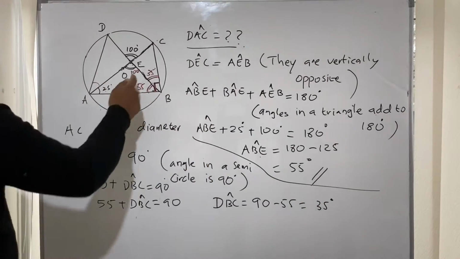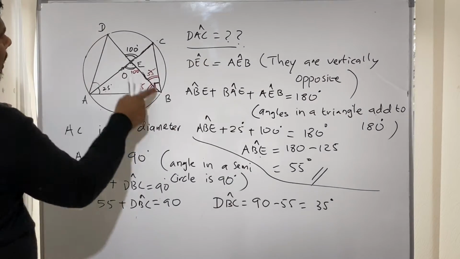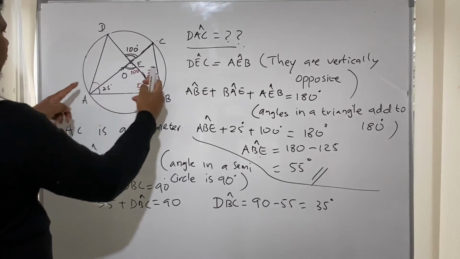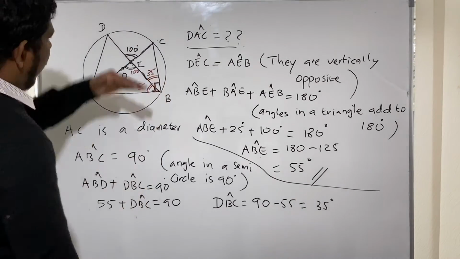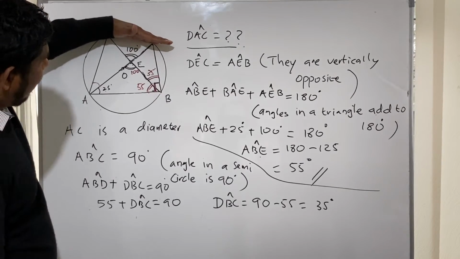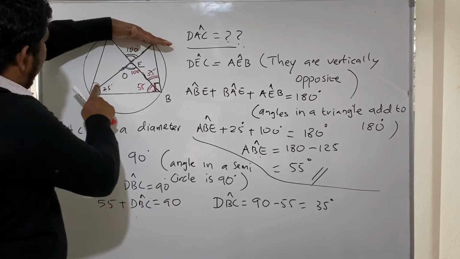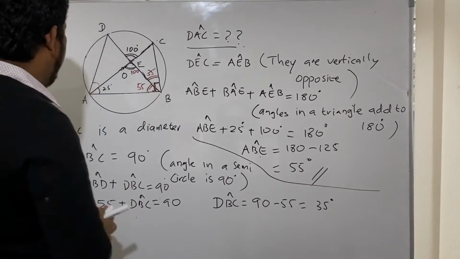So we found this is 35, and angle DBC, this angle, and angle DAC, this angle, they both are in the same segment, so they are equal. If you watch this, CD is a chord, making two angles on the circumference. This angle and this angle are equal because same segment.